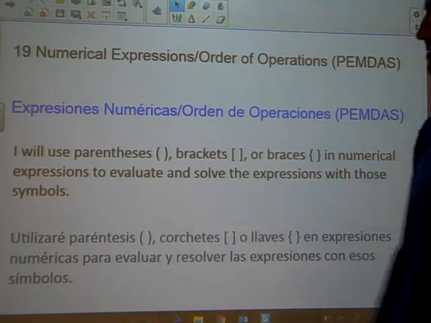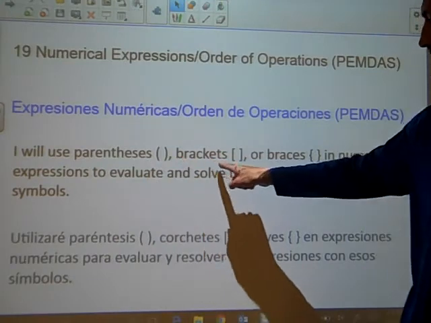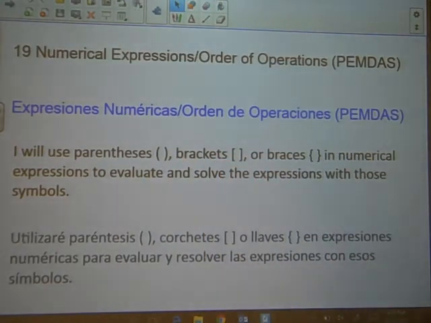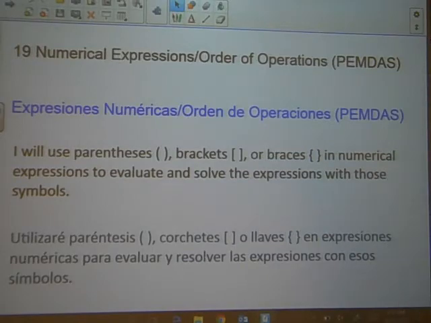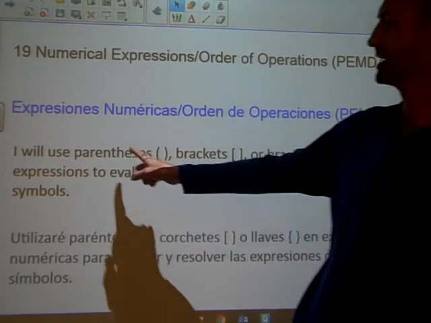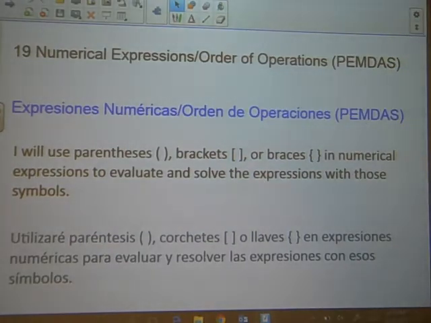You're going to become familiar with words like parentheses, brackets, braces. You will see those used quite a bit in our work in this unit, and you're going to use those to evaluate, solve expressions with those symbols. Please write this goal near the top of page 19.